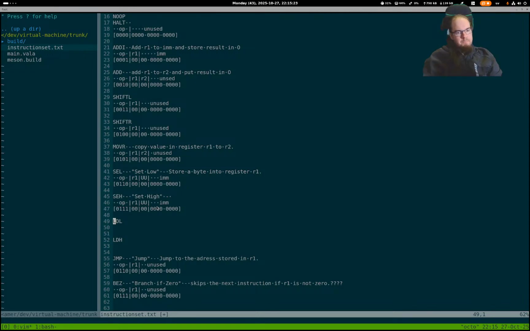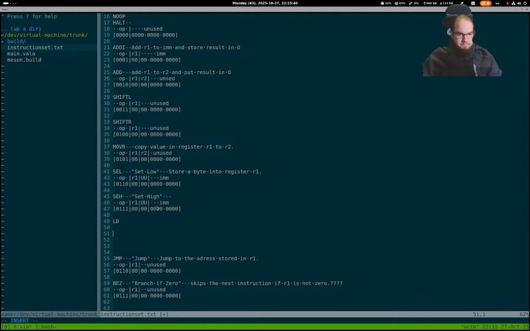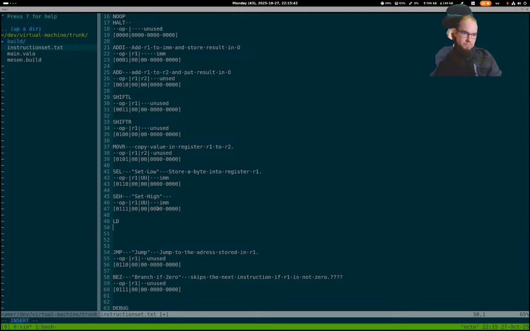So we have to load high, load. No, we don't need to do that. We just load, LD. Just load the value directly into memory.